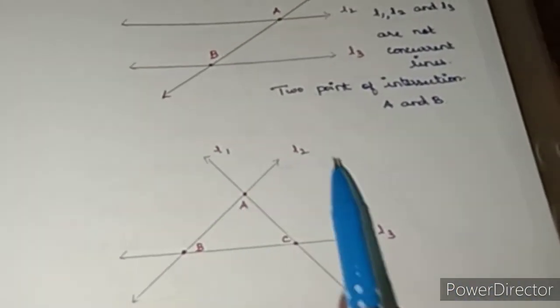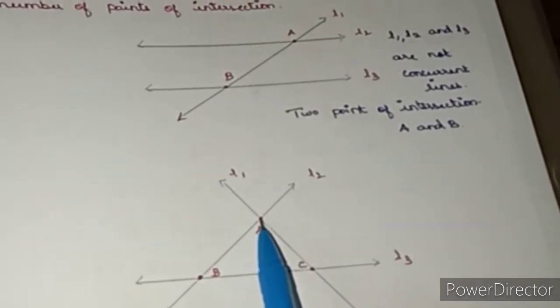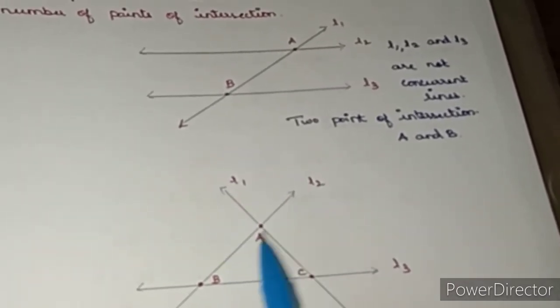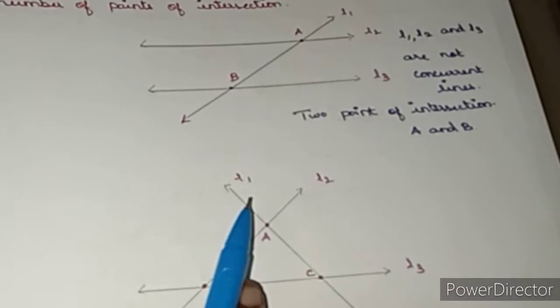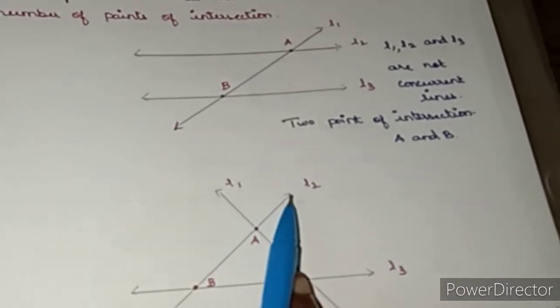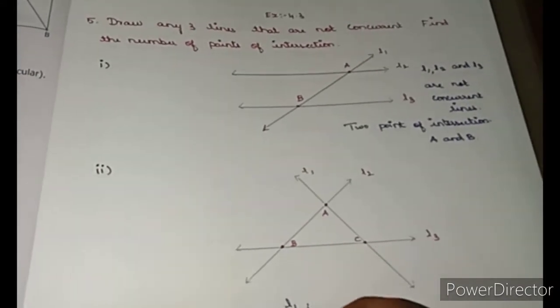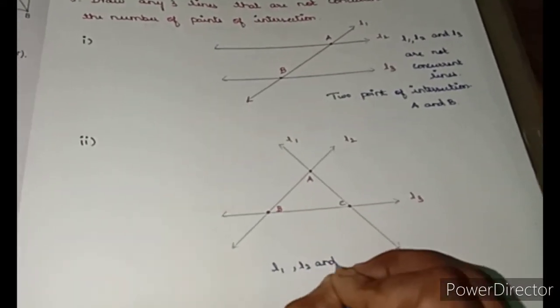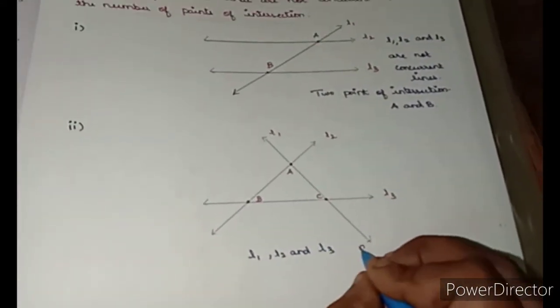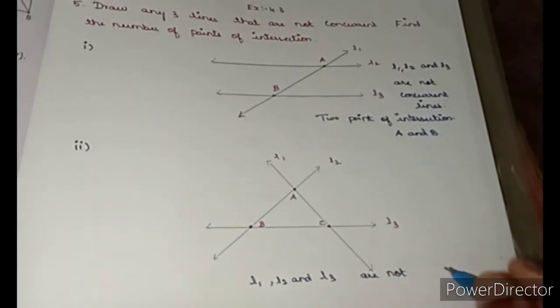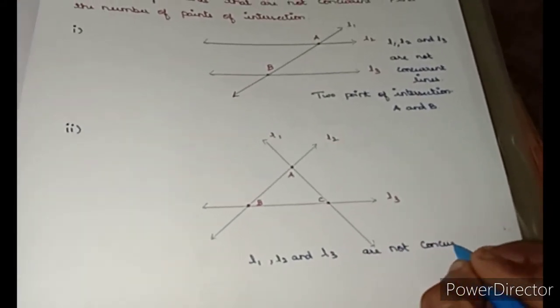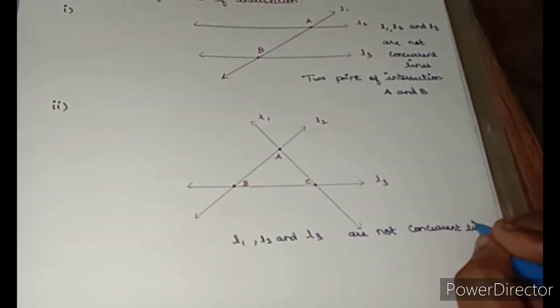Coming back to the second one, see the second example. As I told you, L1, L2, L3. What are the intersection points? L1 and L2 are meeting in A. L1 and L3 are meeting in C. L2 and L3 are meeting in B. So here also L1, L2 and L3 are not concurrent lines.